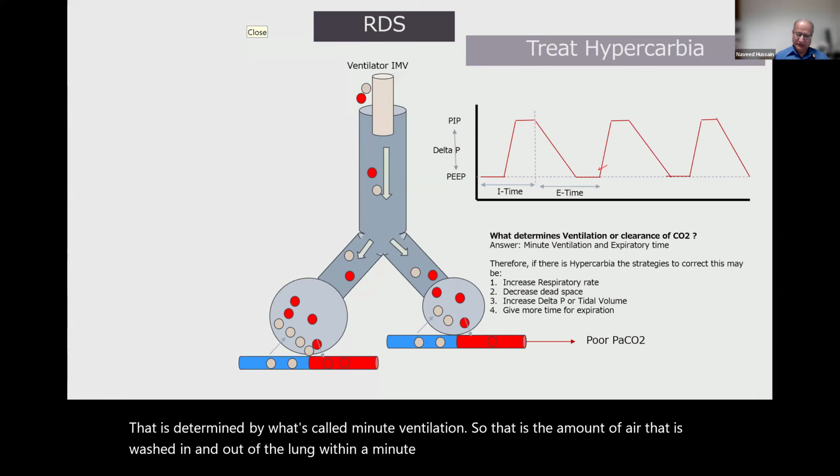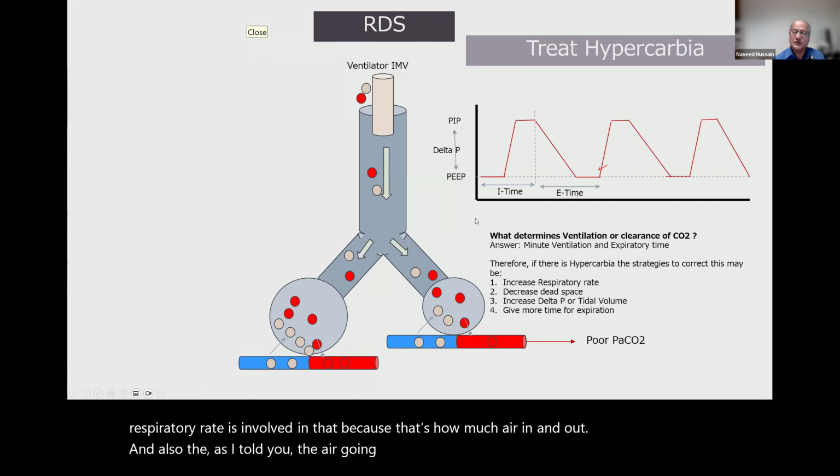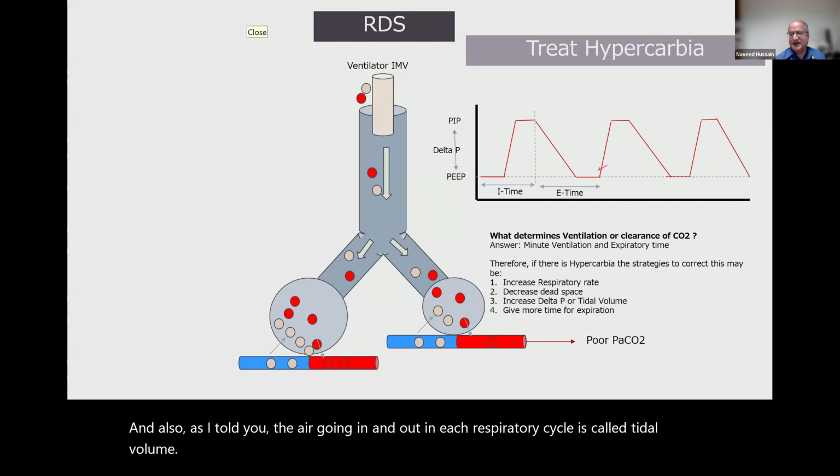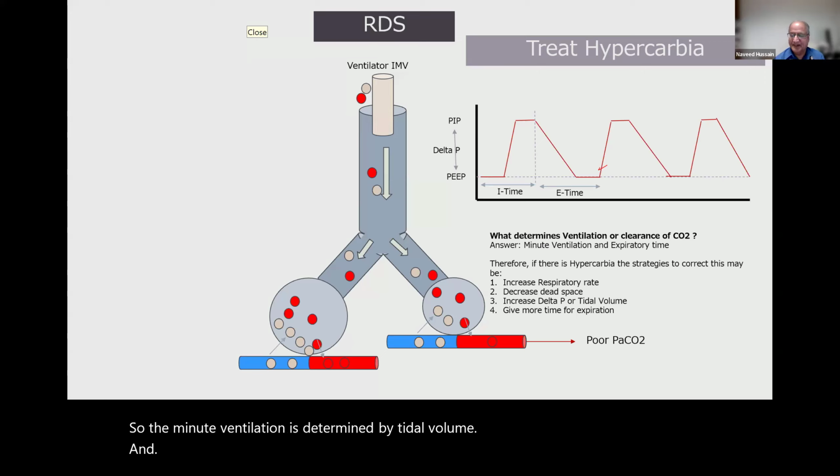Respiratory rate is involved in that, and also the air going in and out in each respiratory cycle is called tidal volume. So the minute ventilation is determined by tidal volume and the respiratory rate.